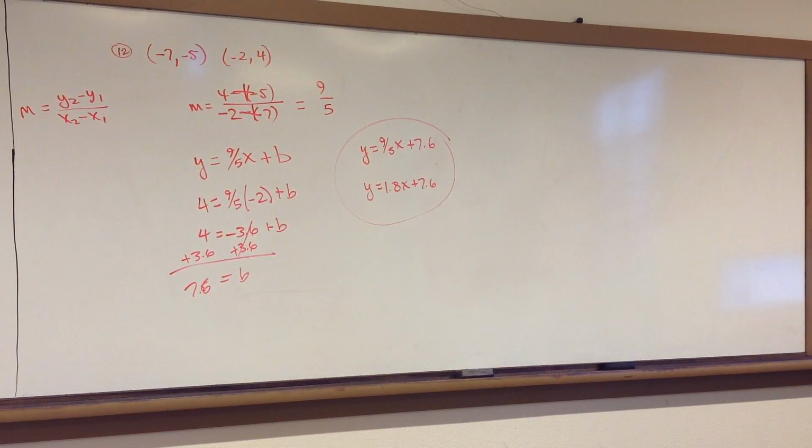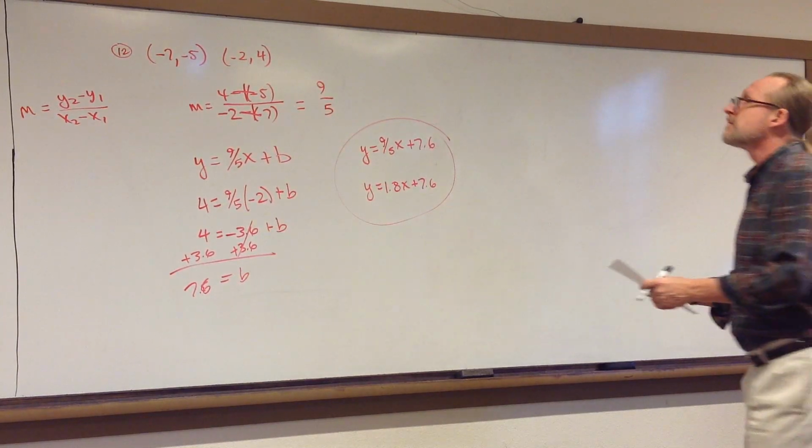Problem 13, we want to write a line that is perpendicular to the line -3x plus 4y equals 8.